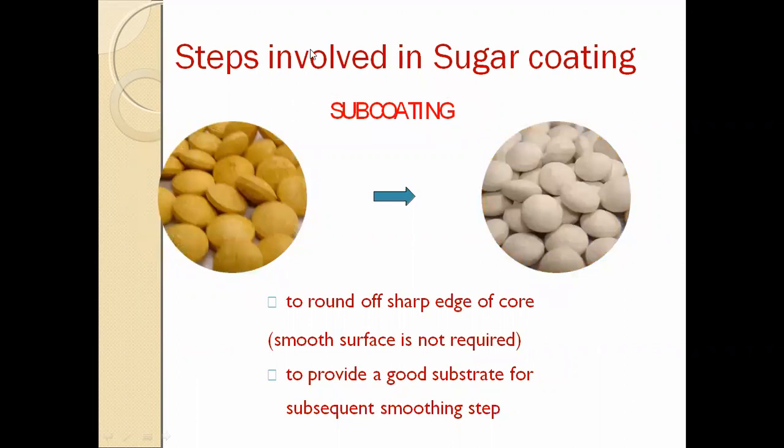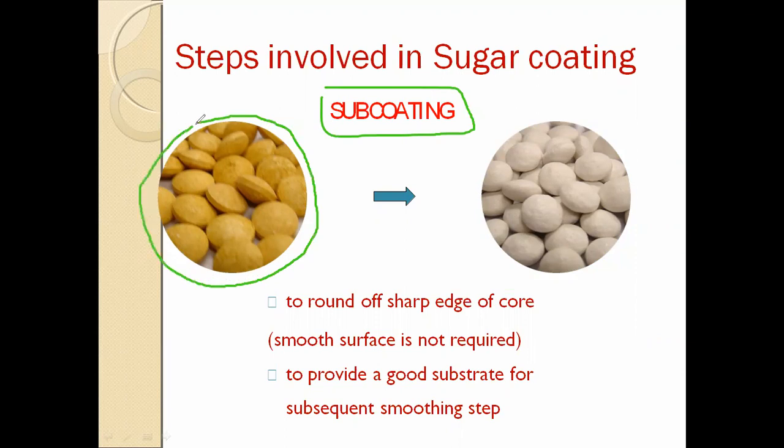And the second step involves subcoating. Now you can see here what we have obtained in the first step of sealing.